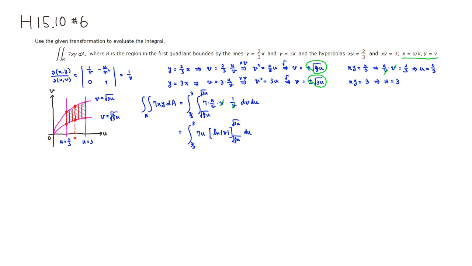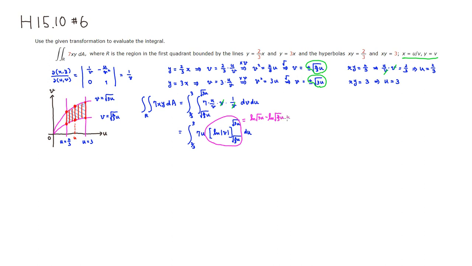I plug it in. If you simplify that, it's natural log of square root of 3u minus natural log of square root of 2/3 u.